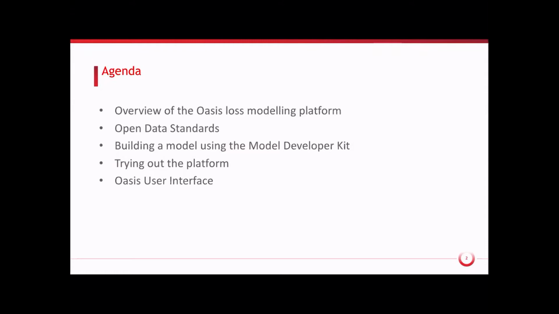And then we're going to look at some tools we've got for trying out the platform and getting a quick test version of the whole deployed platform, so you can see it running end to end by the APIs, by the user interface. And then finally, we'll have a look at the user interface and how you can run an analysis via that.